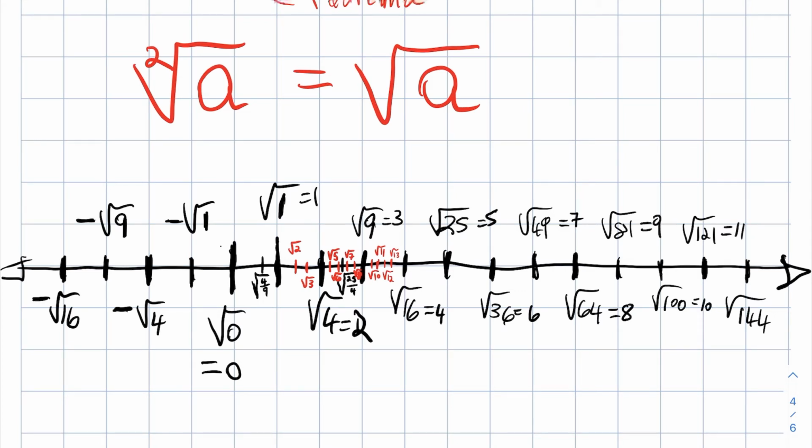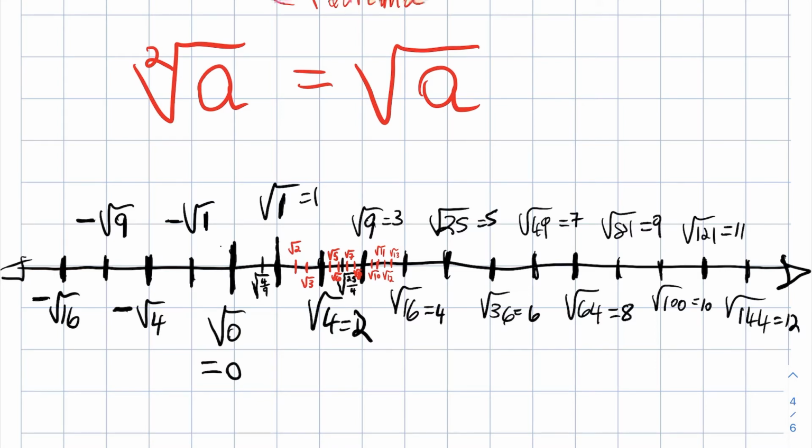These are all of them in order all the way up to 144, which is 12 squared. So when you take the square root of those numbers, you always get integer values. You always get whole numbers. Those numbers are called the perfect squares.